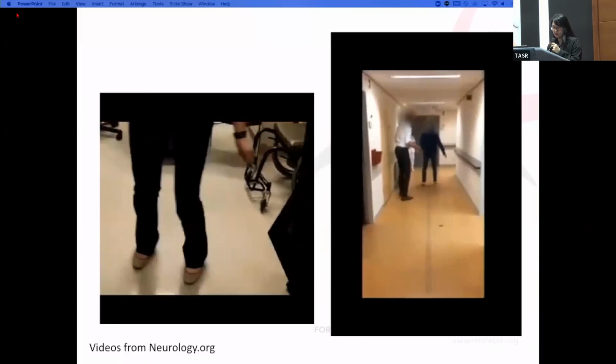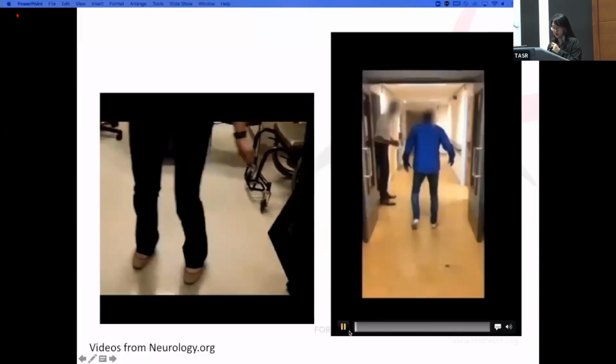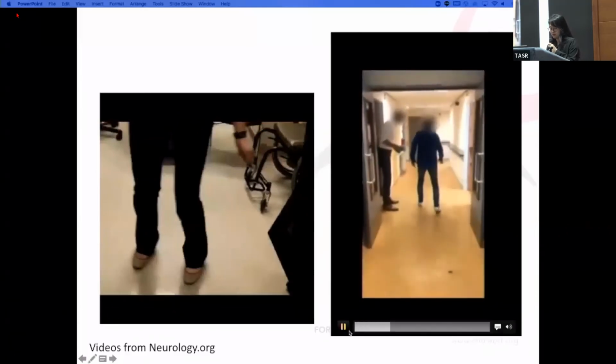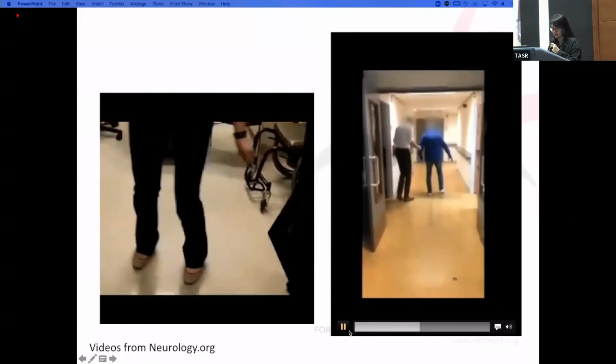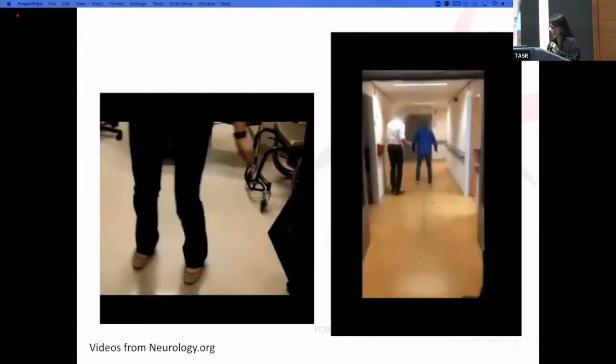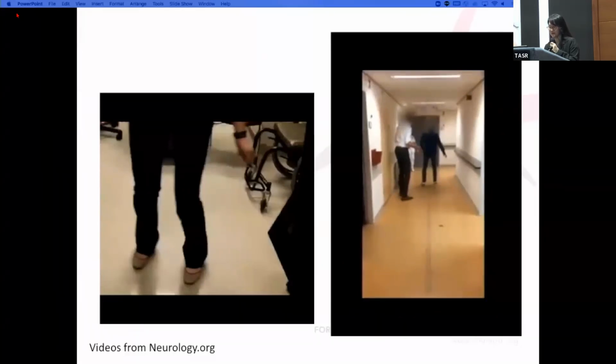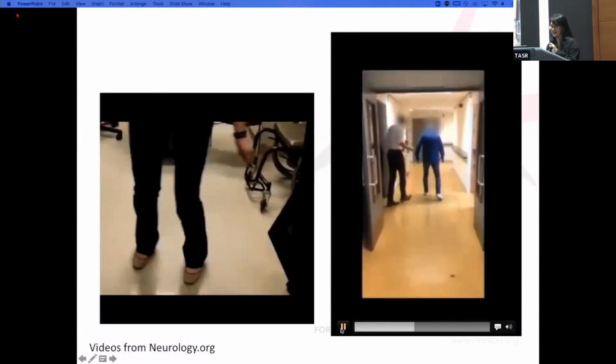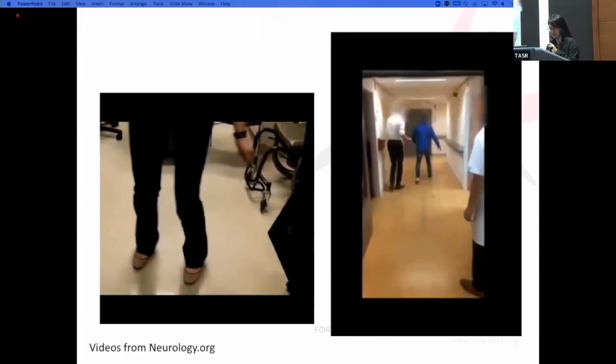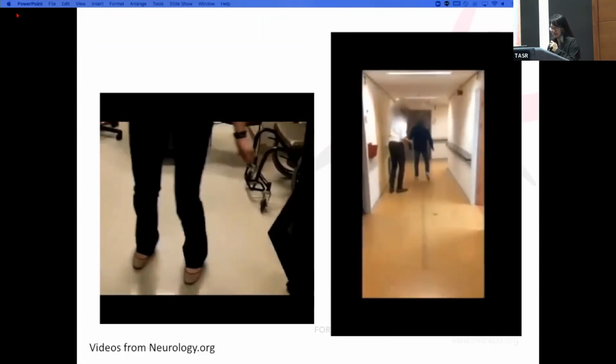I see the patient has a wide-based gait, the arm swinging is normal, and he has maybe a stooped posture. Maybe I guess the diagnosis is ataxic gait. That is a very good answer.